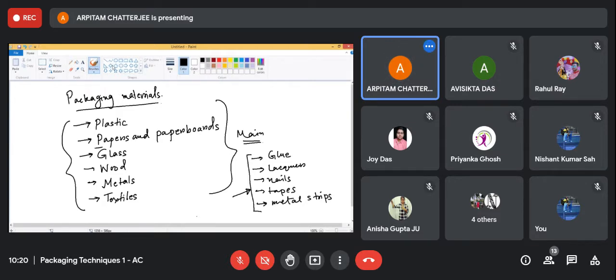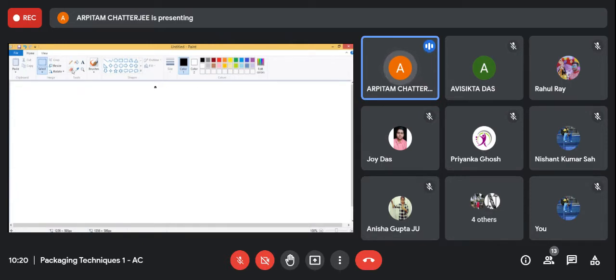Now, as I already told, in common speech we generally don't differentiate between paper and paper boards. But they are different, and they are differentiated in terms of their GSM. Do you know what GSM is?